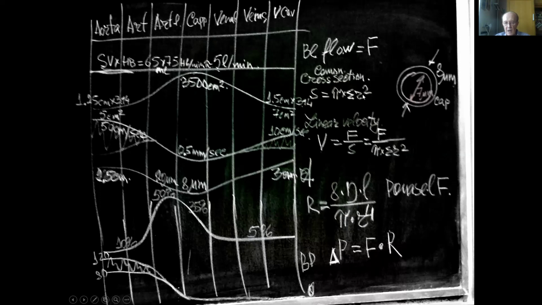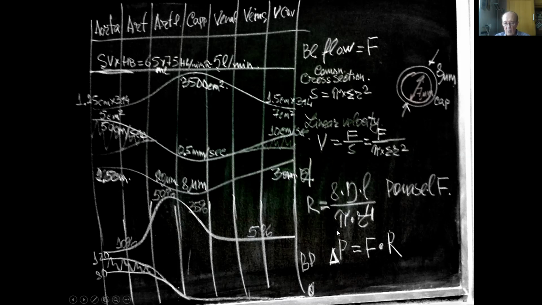In this formula, this is not the summation of all radii of all capillaries and veins, but the radius of one vessel, in the 4th power. That's why this is the coefficient.